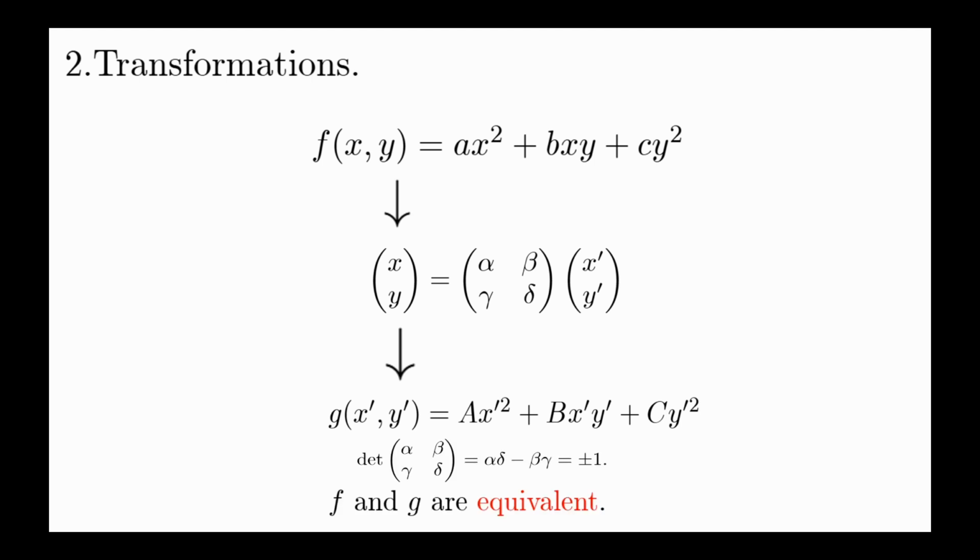And it turns out that if the determinant of this matrix alpha, beta, gamma, delta is equal to plus or minus 1, then f and g are equivalent in the sense that they represent exactly the same integers.